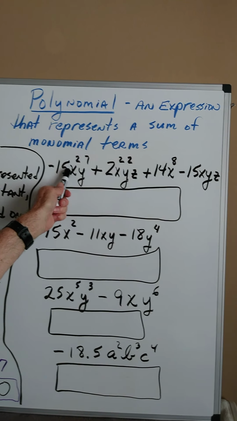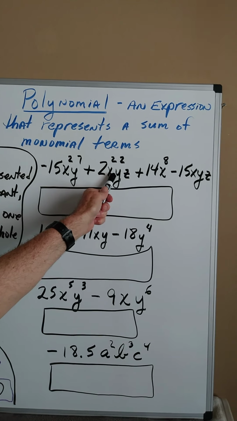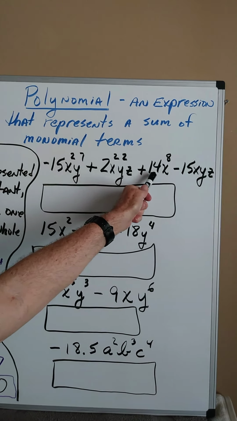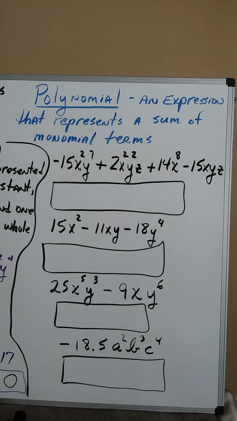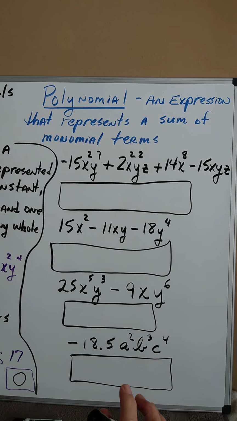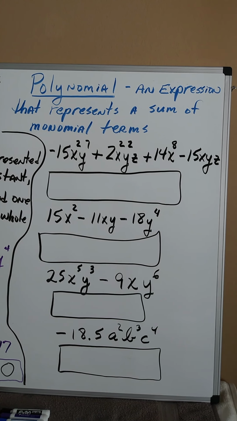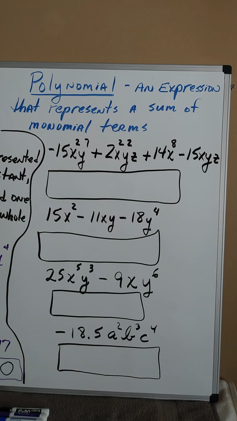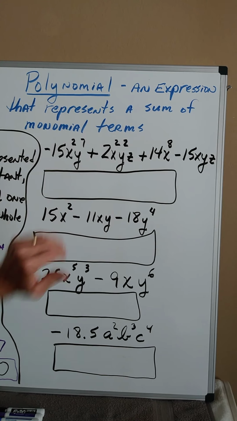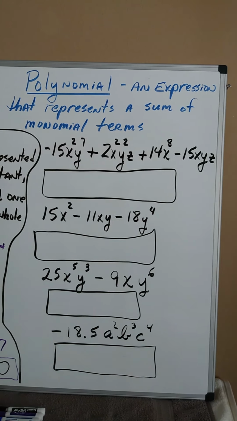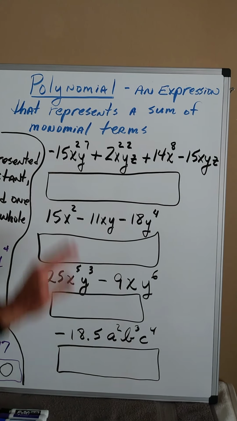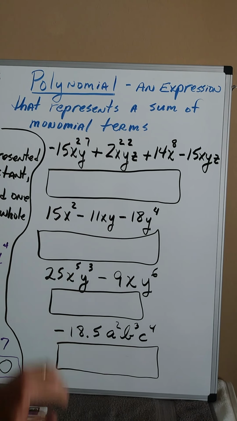This is a monomial term, this is a second monomial term, a third, and a fourth. Because all 4 of those monomial terms that make up this polynomial fit the guidelines of what monomials are supposed to be. When they're collected together and they form a sum, we call them a polynomial.